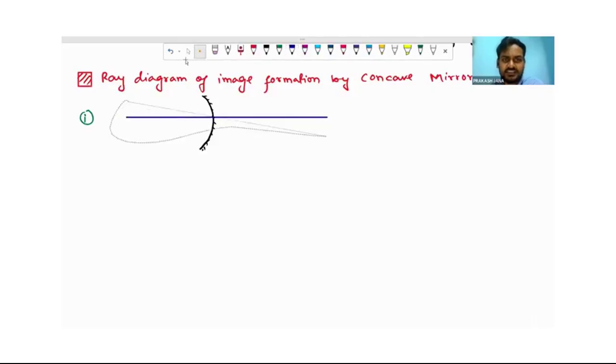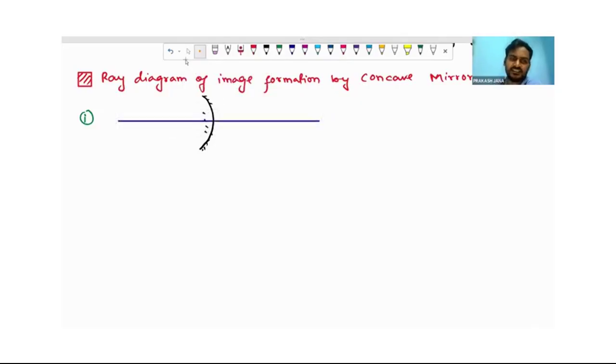Let me keep the principal axis at the middle of this mirror. Let me erase here. Okay, so this is the concave mirror and this is the principal axis. Initially, let the object be at infinity. When the object is at infinity, u is infinity.